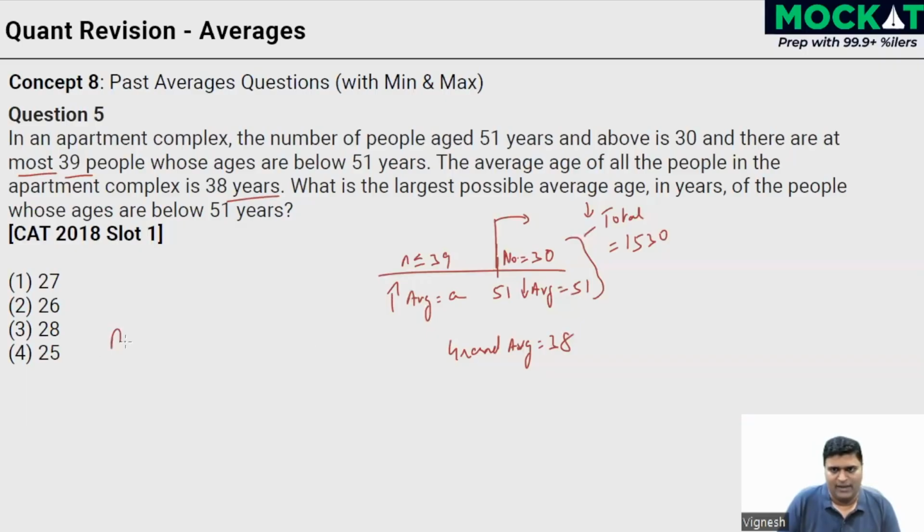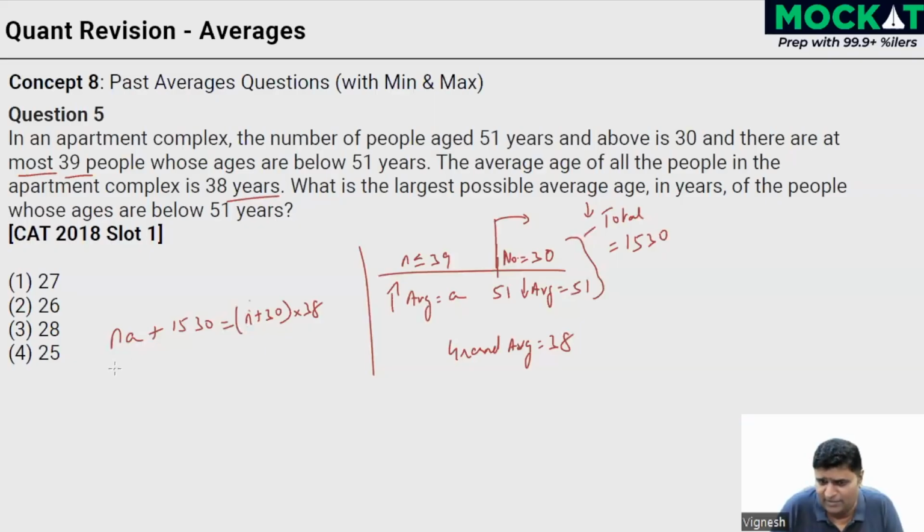So n into A, the total over here, plus the total over here, 1,530, equals the total number of people, n plus 30, into 38, which is the grand average. So n plus 30 into 38 over here.